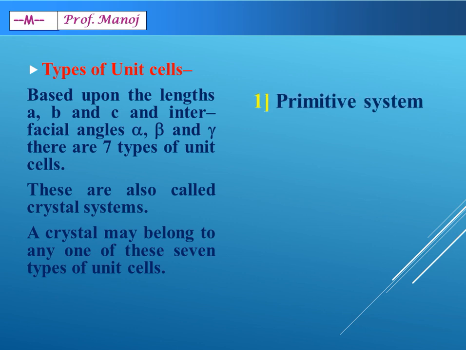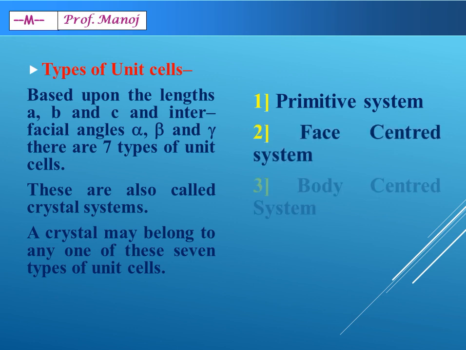These are broadly classified as primitive system, face centered system, body centered system, and end centered system. Now let us come to how these systems are created. First of all, let us understand what these 4 systems are.